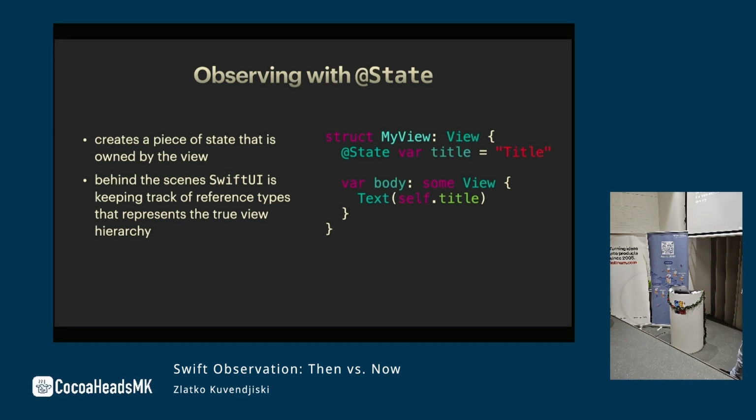So first we will talk about @State. State is basically a property wrapper that detects changes on the property, and it triggers an automatic redraw of the view, therefore applying the new changes. Because it works with value types, which is the view itself, it still needs to hold some kind of reference to the current state.